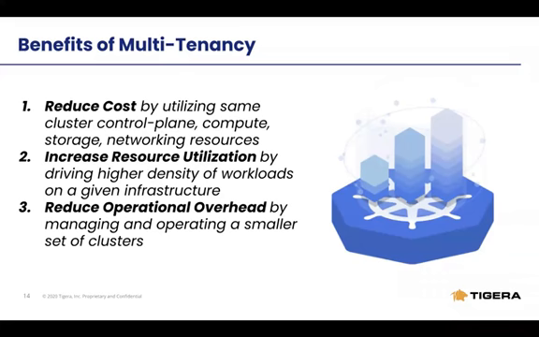The second is increased resource utilization, of course, because you're going to be driving more applications on the same set of compute resources. You can scale horizontally, and you can drive an increased level of utilization for those resources, all while reducing operational overhead, by reducing the time and manpower to operate those clusters, to manage them, to upgrade them, to secure them.